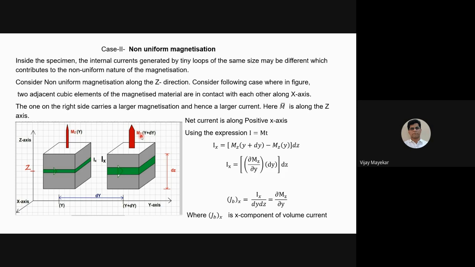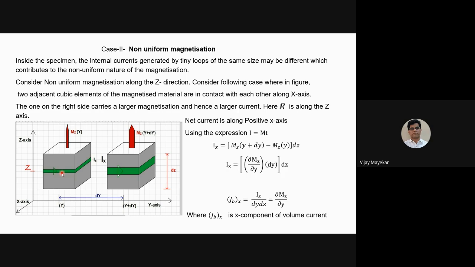The z coordinate of both of these chunks is the same, whereas the y coordinates are different. We are not worried about the facing side because that is on the boundary.